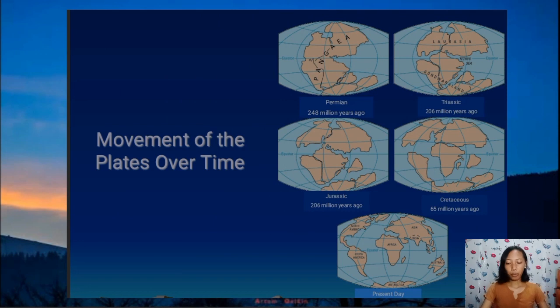Millions of years ago, the 7 continents of the world were joined together as a single massive landmass called Pangaea. Scientists believe that Pangaea broke apart through plate tectonic movement caused by the convection current that rolls over in the mantle.